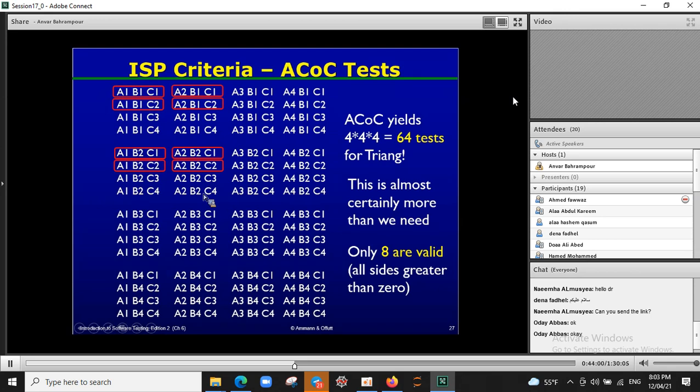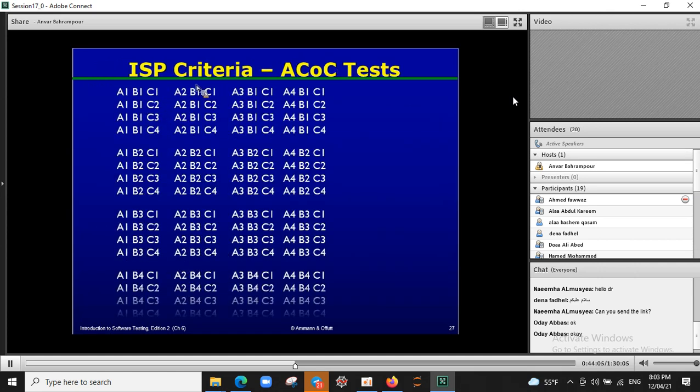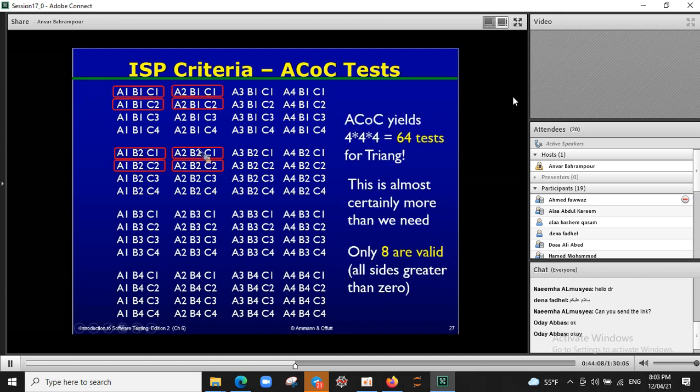So we have just 8 valid triangles. We have just 8. 4 of them are there, and 4 of them are here. So we only have 8 valid triangles. And all other triangles displayed in this slide, all other from all 64 tests, are invalid triangles.